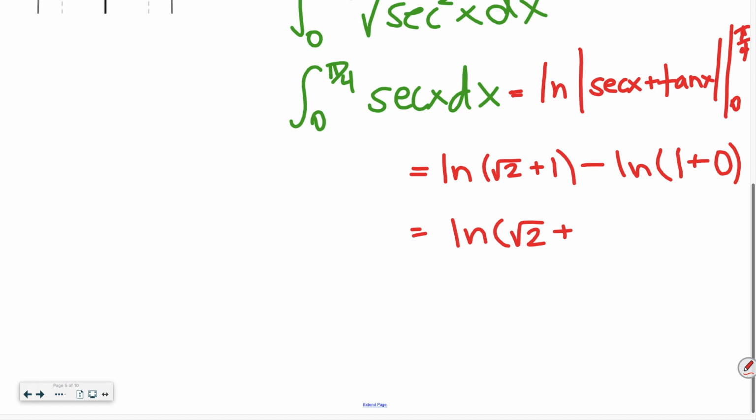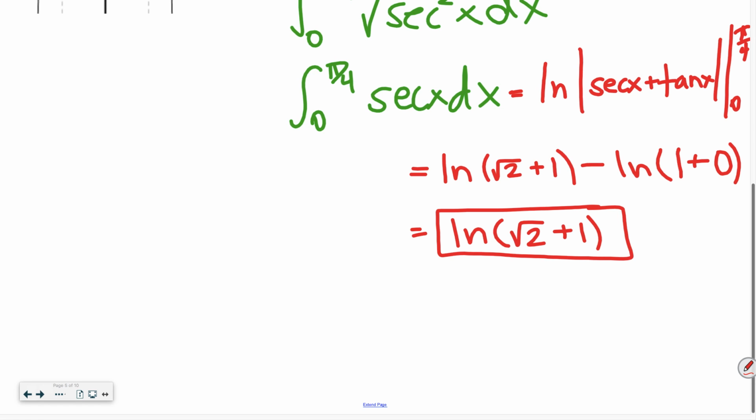I thought secant was one of them. I was confused by that. The cosine of pi over 4 is radical 2 over 2, so you get the reciprocal, 2 over radical 2, which becomes radical 2. Okay, so, properties of logarithms.